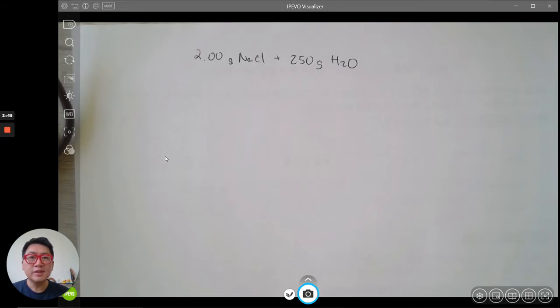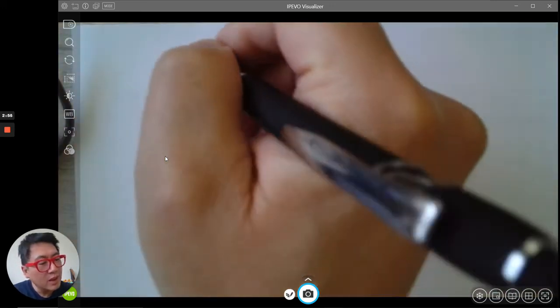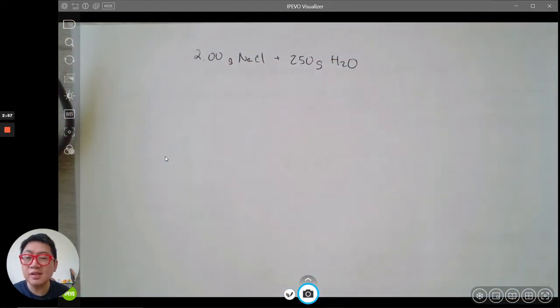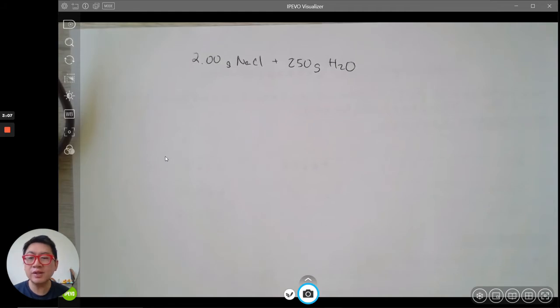Like we just said, we're dissolving 2 grams of salt, sodium chloride, in 250 grams of water. I want to know the percent by mass. Well, there are 2 parts here: a solute and a solvent. We talked about earlier, when you say X is dissolved in Y, X is your solute and Y is your solvent.